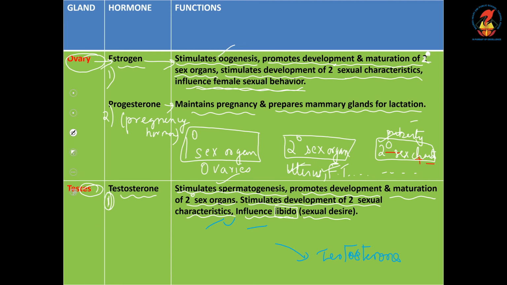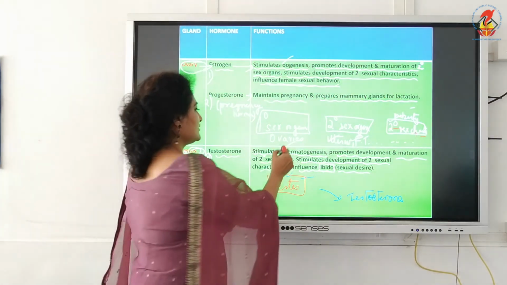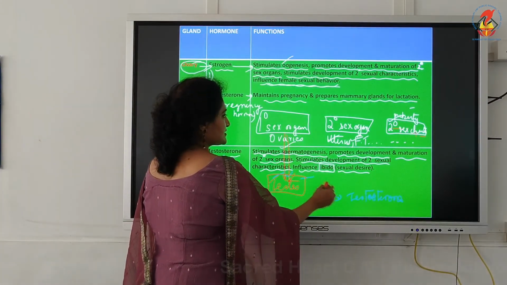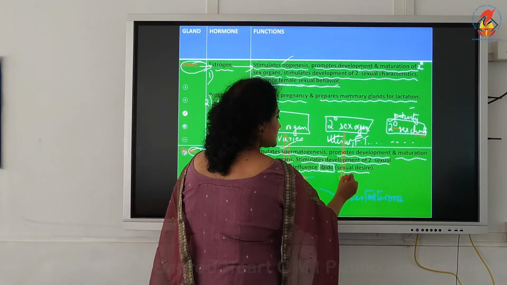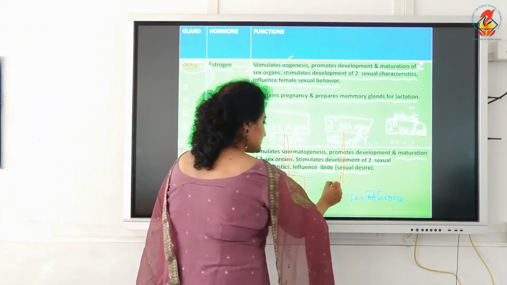Now talking about the male primary sex organs, we know testis, and I already justified that testis produces both the gamete, sperm, and the hormone testosterone. That's why the primary sex organ is the testis. Secondary sex organs are the other structures associated with the male reproductive system. Which are the other structures? The penis.